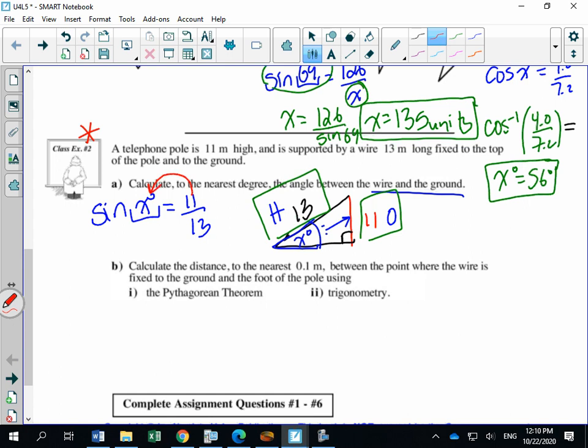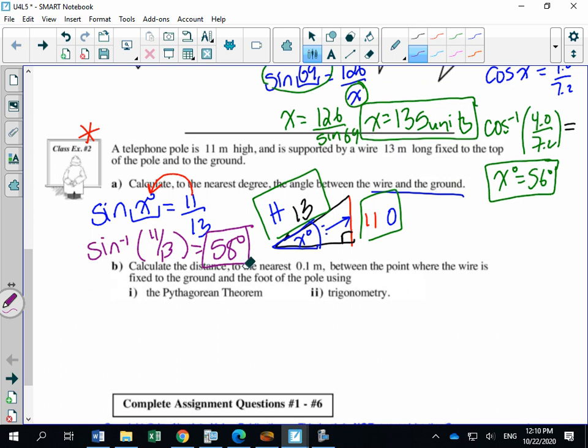And then I'm finding an angle. So how we're going to type this in is the inverse sine of my ratio, which is 11 over 13, is equal to, Alexa, what did you get to the nearest degree? 58 degrees is correct. That would be your answer.